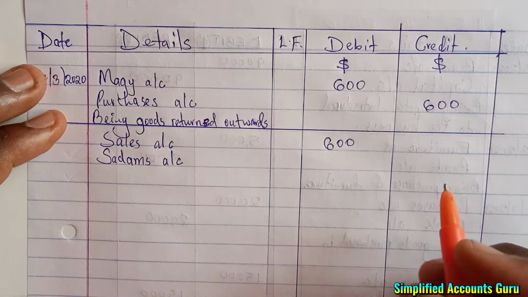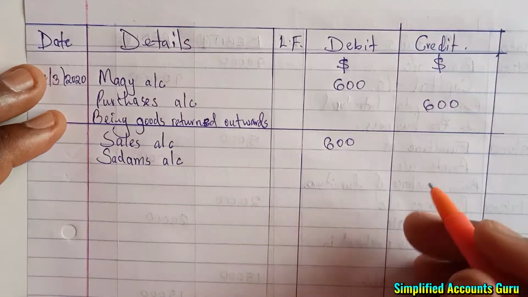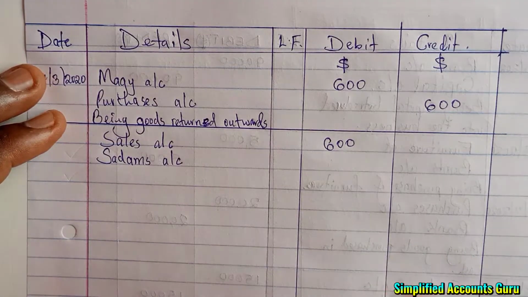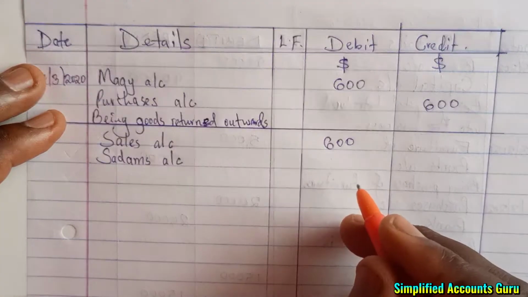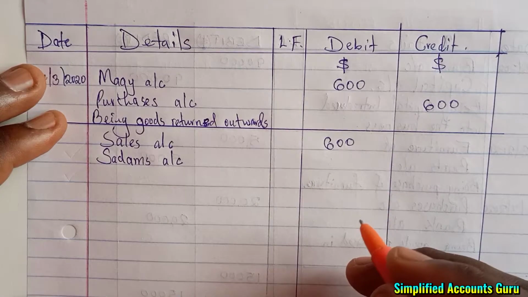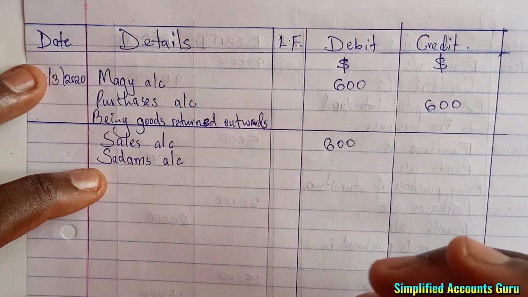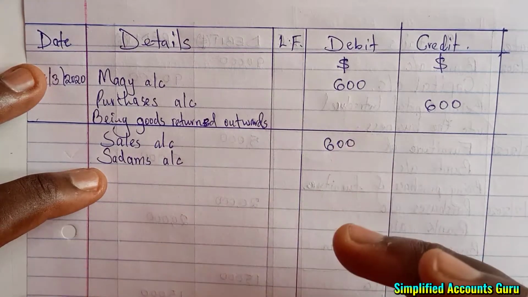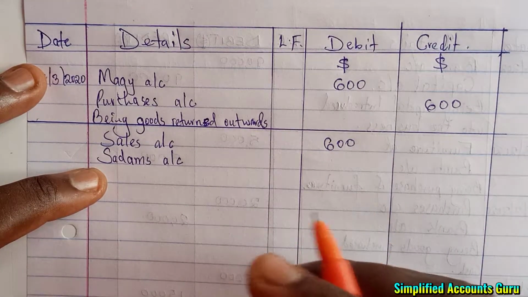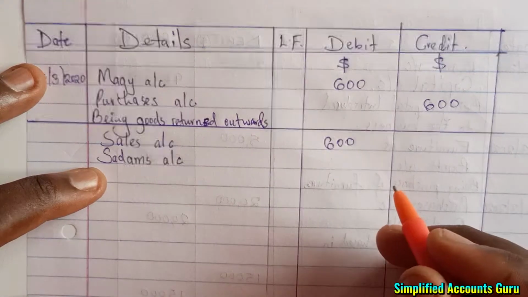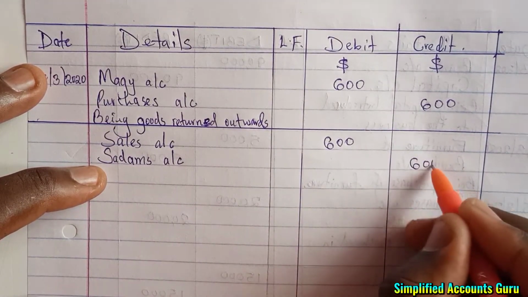The asset goods is being increased, so that's why we are debiting. And now Saddam being a debtor, when there is a reduction in an asset, in this case the debtor, we are supposed to credit. So we'll have here 600.